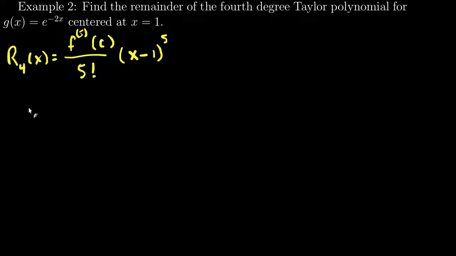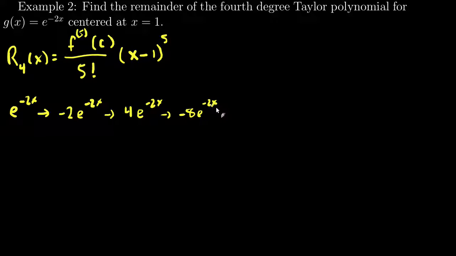So we have e to the negative 2x. The first derivative is going to be negative 2 e to the negative 2x. It's chain rule. The second derivative is going to be positive 4 e to the negative 2x. The third derivative is going to be negative 8 e to the negative 2x. The fourth derivative is going to be 16 e to the negative 2x.